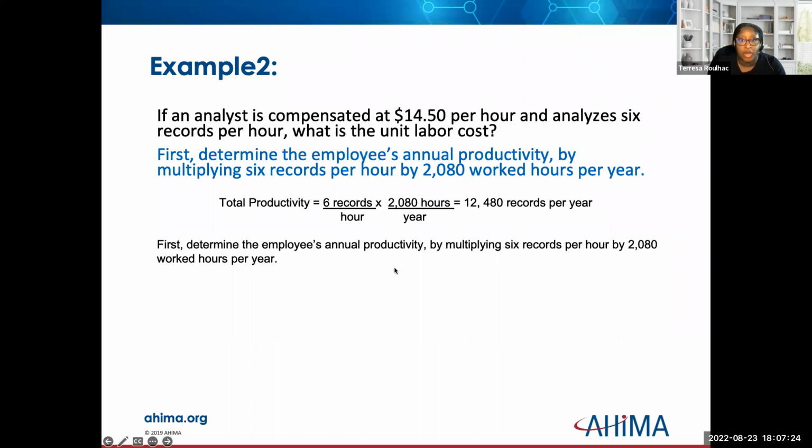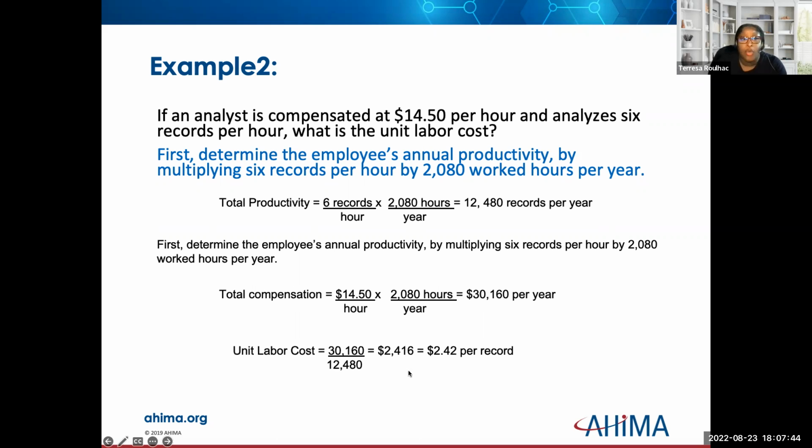Now determine the employee's total compensation by multiplying $14.50 per hour by the 2,080 hours per year, giving you $30,160 per year. Now, this is the total compensation. From here, we take the unit labor cost.